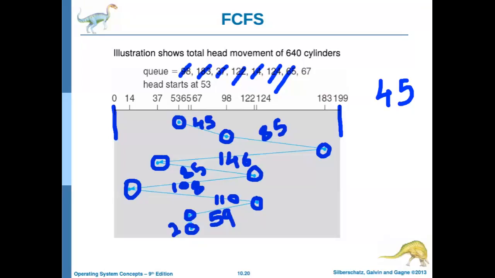Now what we need to do is sum it all. So 45 plus 85 plus 146 plus 85 plus 108 plus 110 plus 59 plus 2. If you add all, it comes to 640 cylinders.